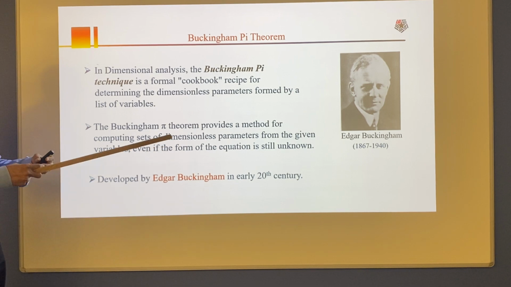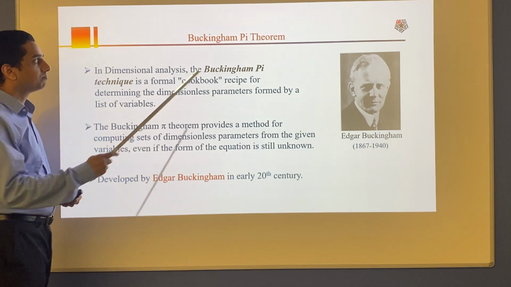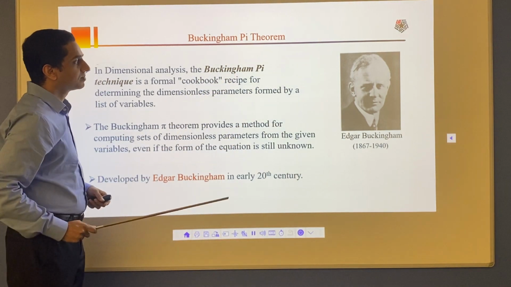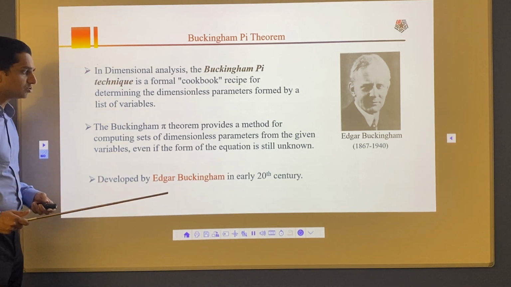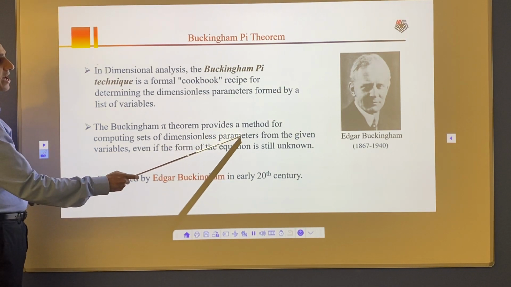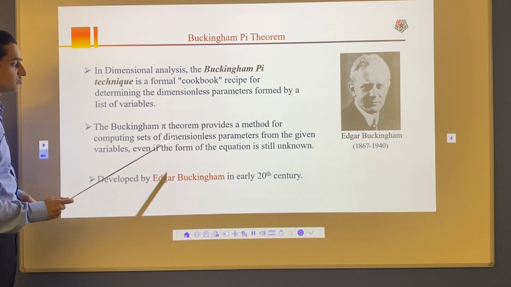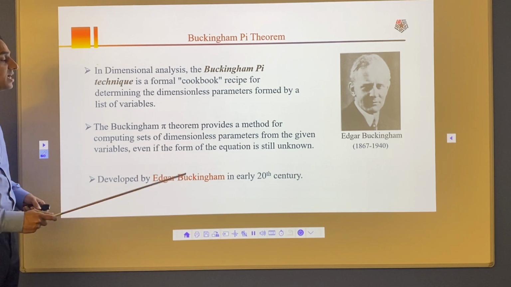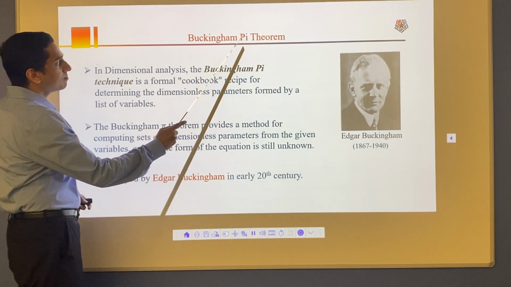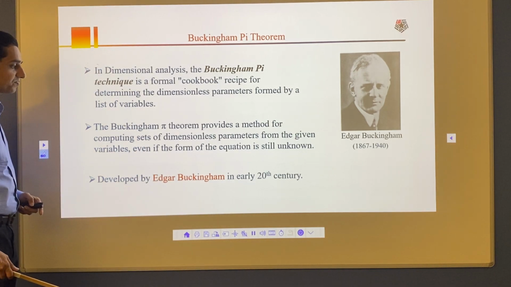Then he came up with a method, which we call the Buckingham-Pi theorem. It is something we use to get dimensionless parameters. We call them pi terms, pi 1, pi 2, pi 3, and that's why it's called the Buckingham-Pi theorem, and then we will see what that is.